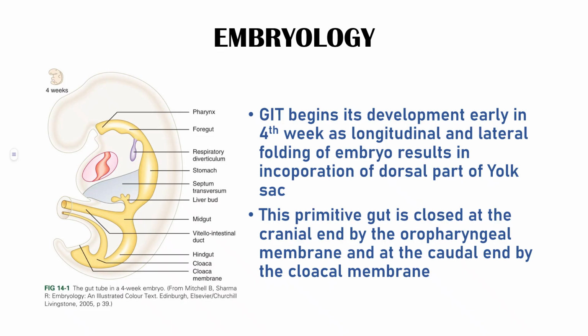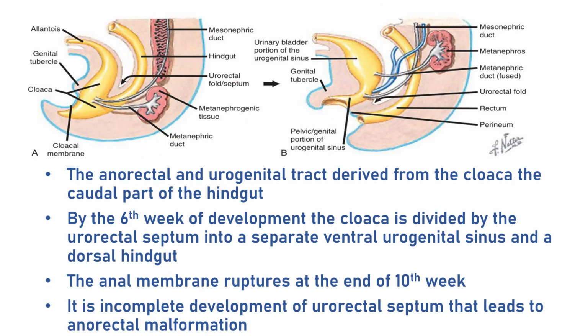Its embryology: normally the gastrointestinal tract begins its development early in the fourth week, as longitudinal and lateral folding of the embryo results in incorporation of the dorsal part of the yolk sac. This primitive gut is closed at the cranial end by the oropharyngeal membrane and at the caudal end by the cloacal membrane.